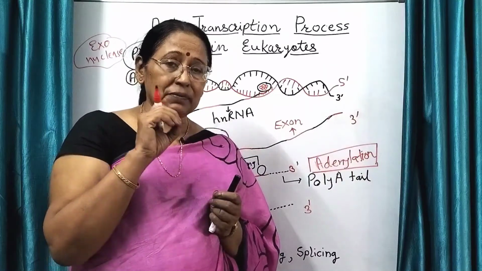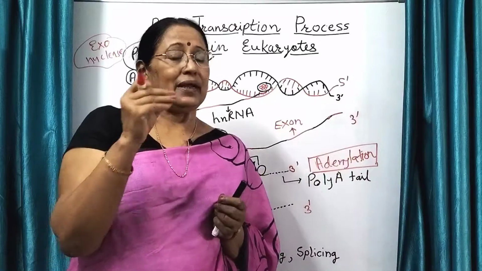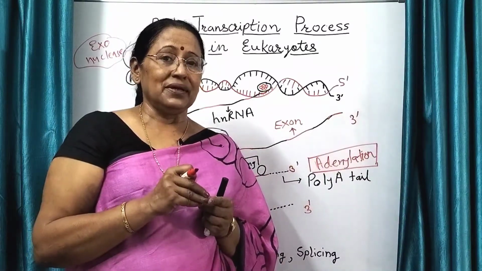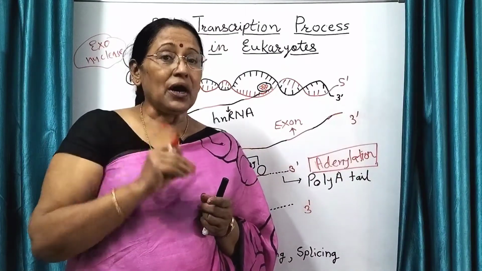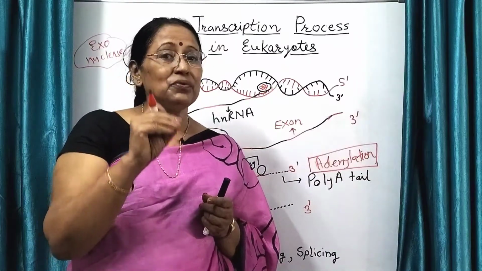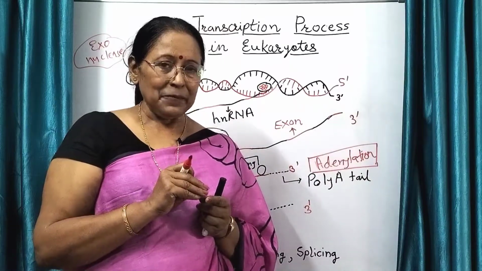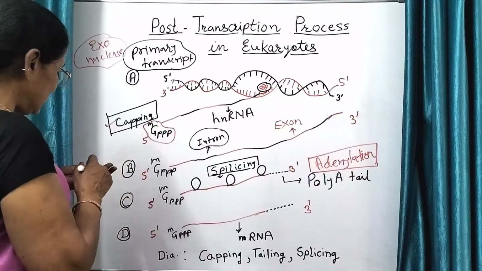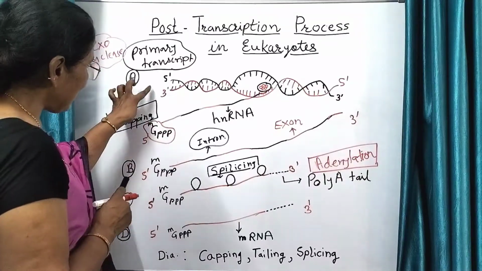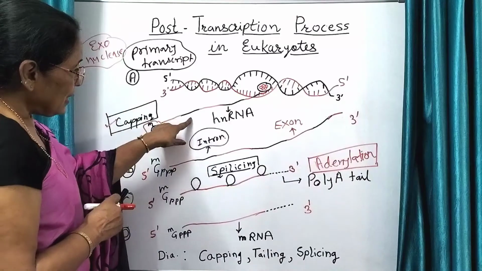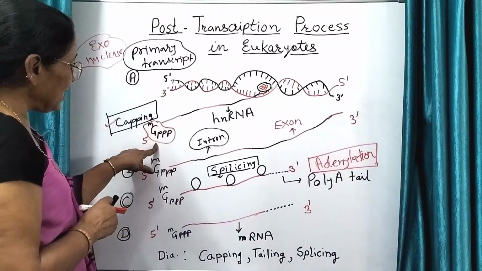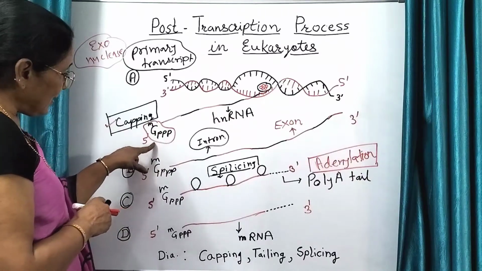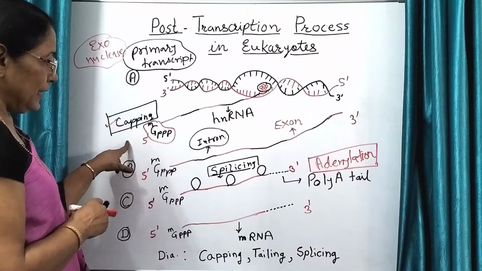Only when the post-transcription process is completed does it move out, so we cannot use the word hnRNA or primary transcript when it is moving out of the nucleus. So this was capping. This completes diagram A, where the heterogeneous RNA is capped.